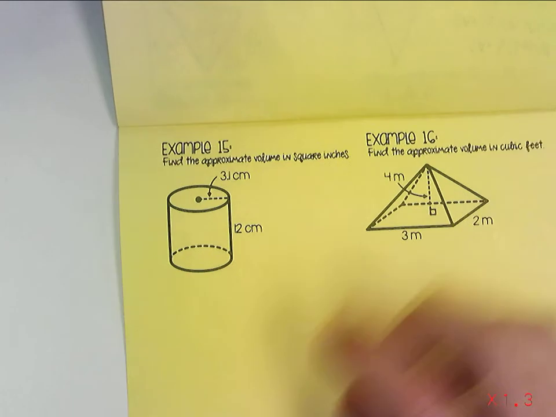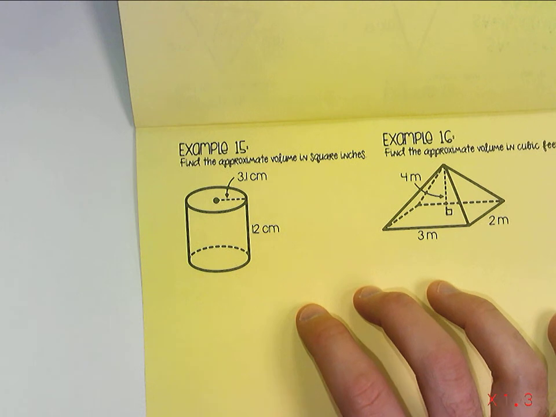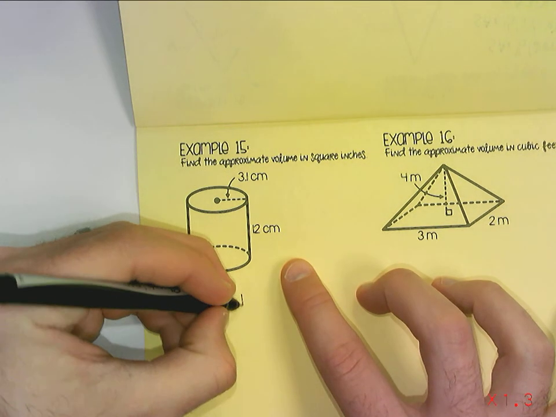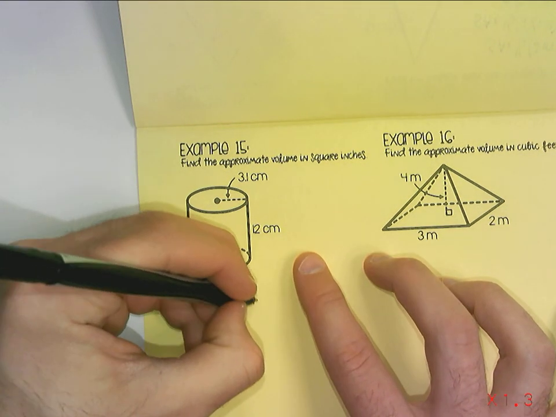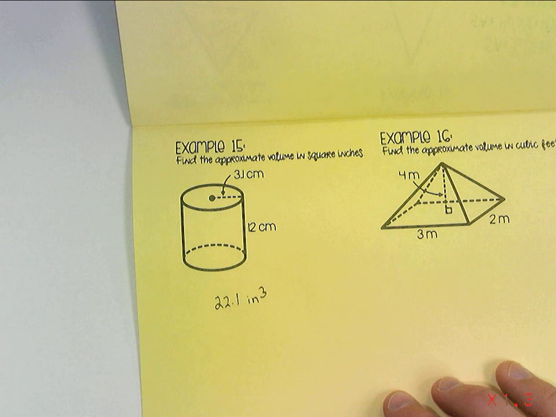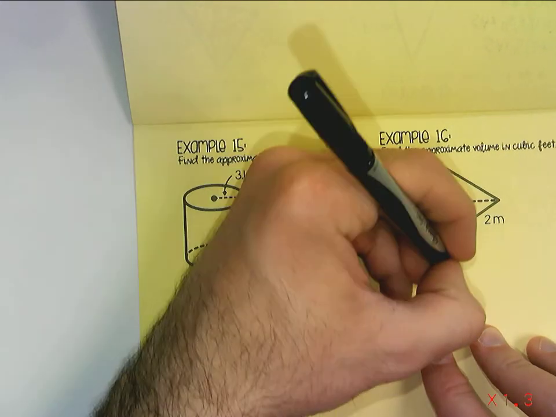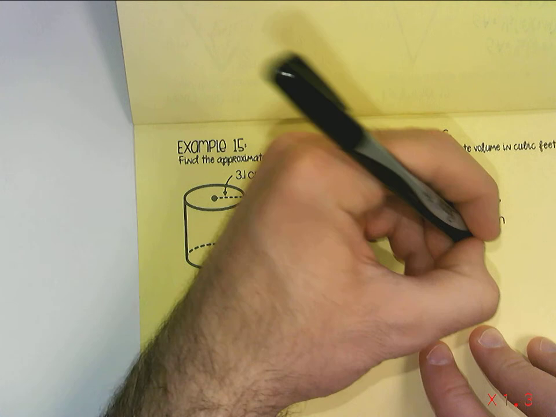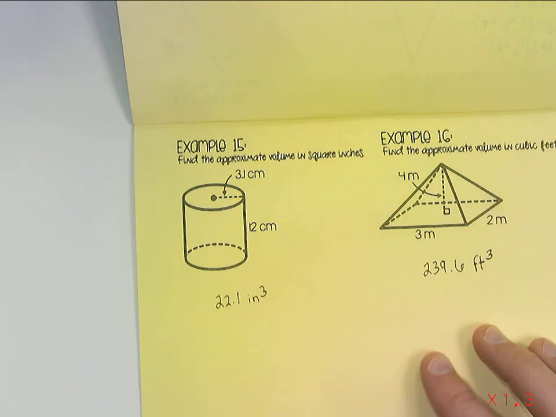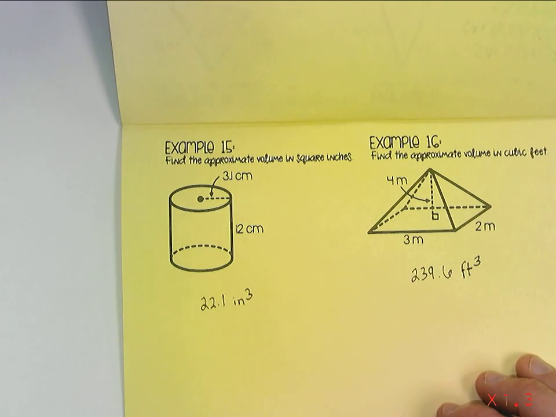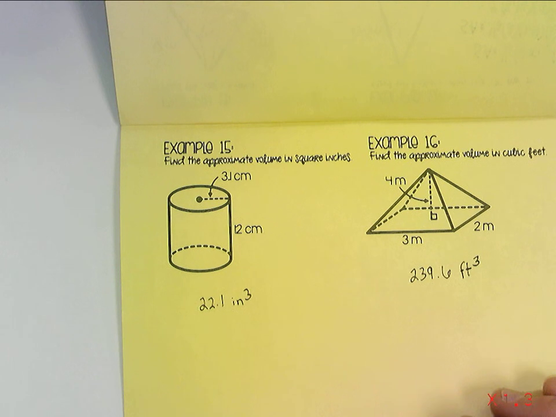On 15, the answer that you should have gotten is 22.1 inches cubed. And last but not least, on 16, you should have 239.6 feet cubed as well. If you didn't get any of those correct, please go back and fix them. It's important to practice and find your mistakes. So please do that, and then you can move on to doing your exit slip.